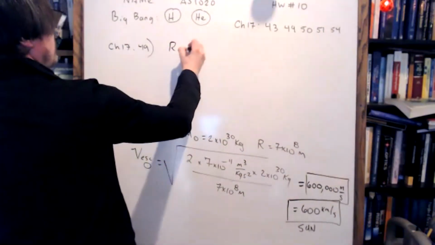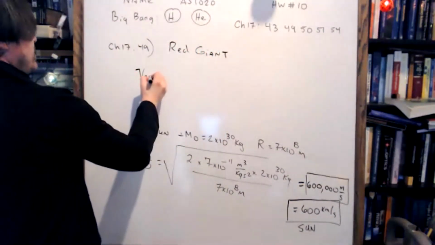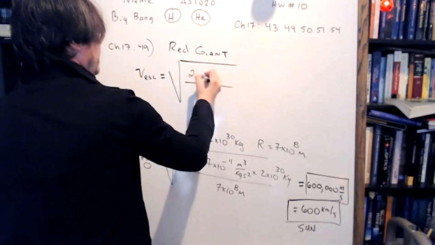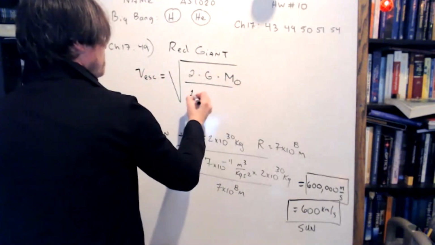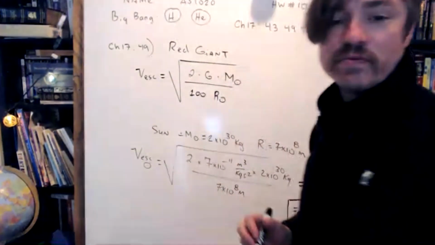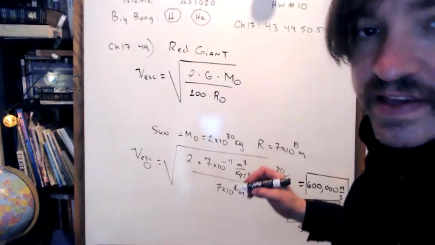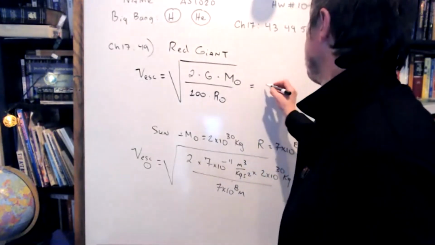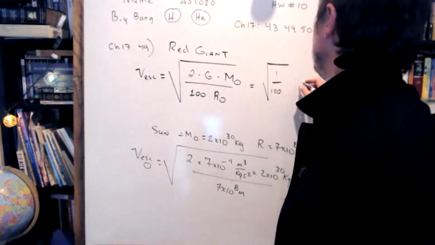To do this fast for a red giant, we will recognize that the escape velocity is basically the same thing. We have one solar mass, but we have 100 solar radii. So by what factor will the escape velocity differ? Since you're so good at math, buddy. By a factor of the square root of 1 over 100.